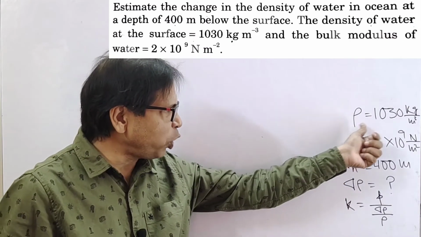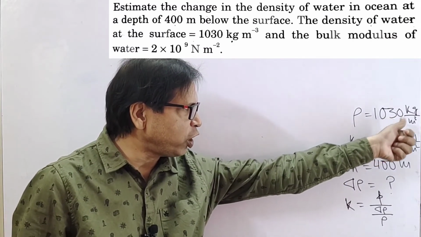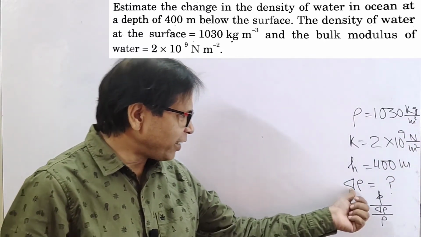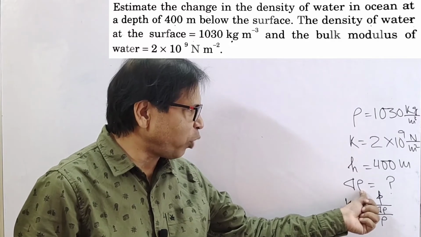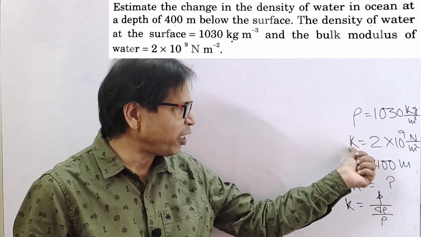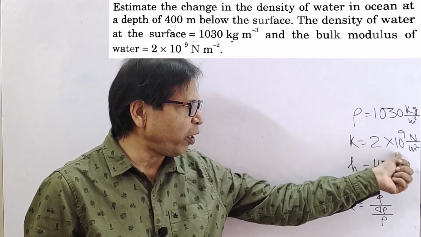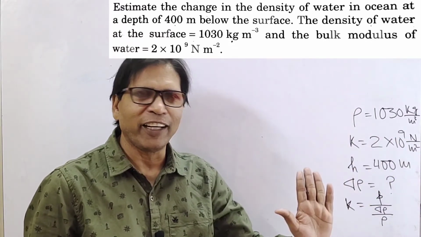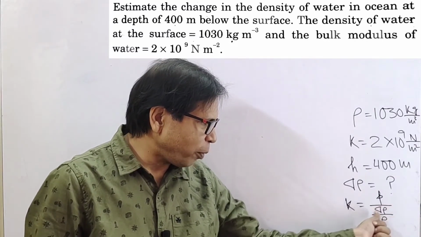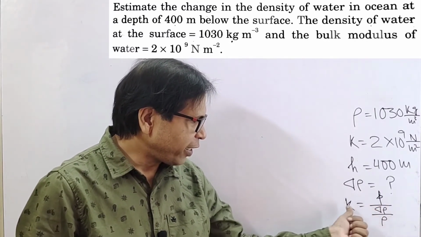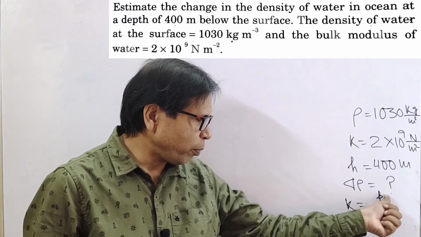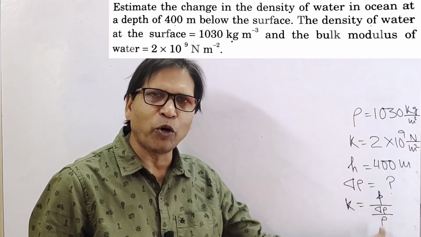Now a numerical. The density of seawater is 1030 kg per meter cube. We have to calculate the change of density of seawater at a depth of 400 meter. K is given as 2 into 10 to the power 9 Newton per meter square. The formula of K with the variation of density of water: K equals increase of pressure divided by delta rho by rho.